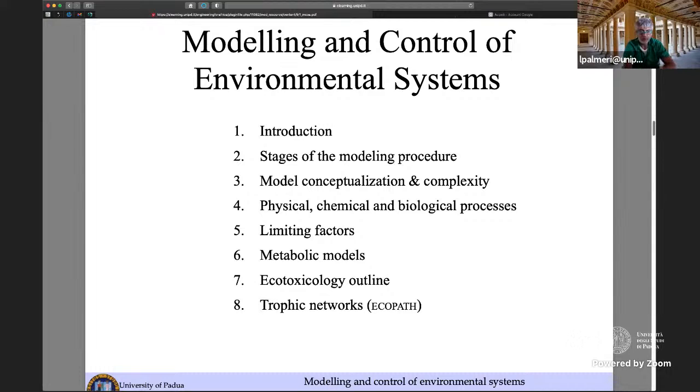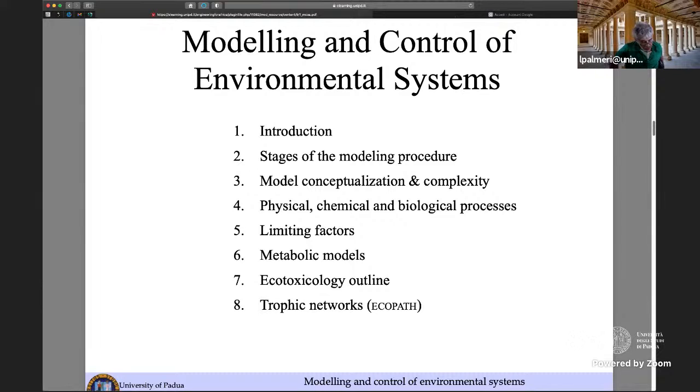With model conceptualization, we also deal with the problem of defining the complexity of a model. We started our lecture by saying that environmental systems are complex systems, ecological systems are complex systems. So complexity is one of the characteristics of living systems. We will discuss and cite very often complexity and complex systems.